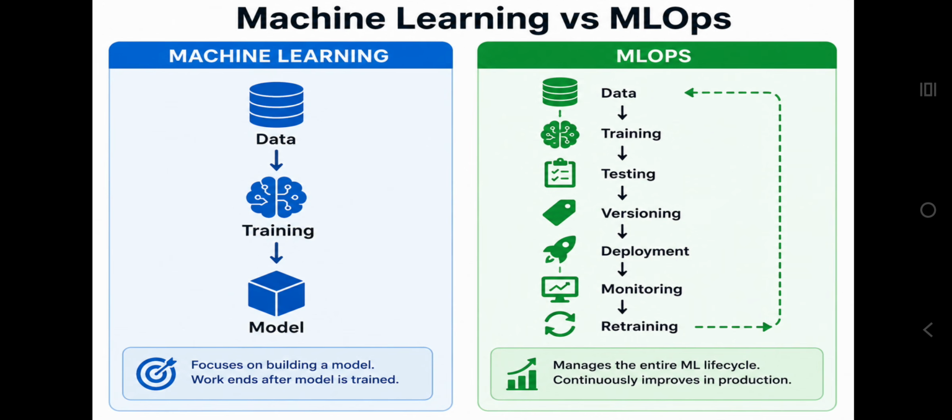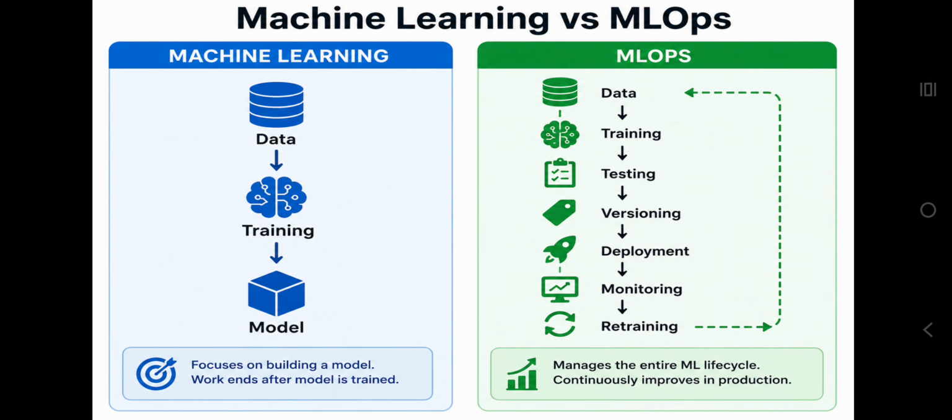It mainly focuses on building a model, and its work ends once the model is trained. This is a limited version, and as a counterpart to this, we have the machine learning operations subject, in which all the steps we have taken in machine learning will be there.